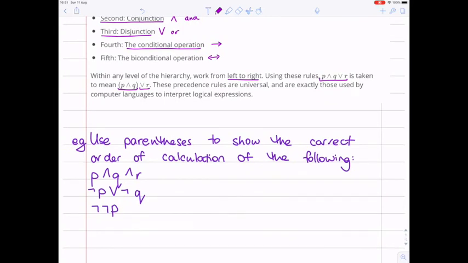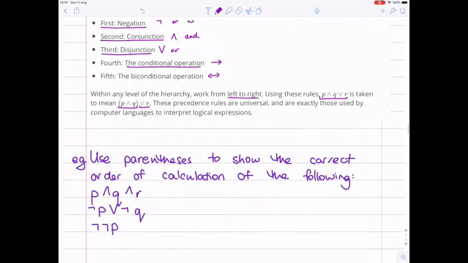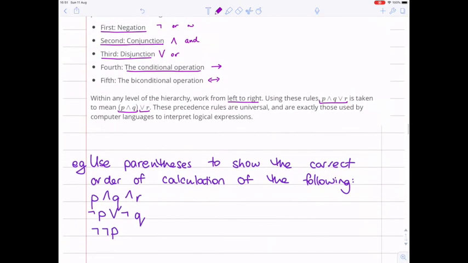So let's just use parentheses to show the correct order of calculation of the following. So we've got P and Q and R. Well, we don't have any negation, and then we just have conjunction, so we need to work from left to right.